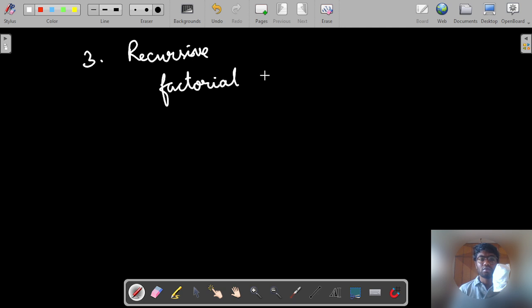Okay, so the third one is the recursive approach. Let's say we are asked to find a factorial, right? The way that we approach it is factorial of 5 is n into (n minus 1) factorial.